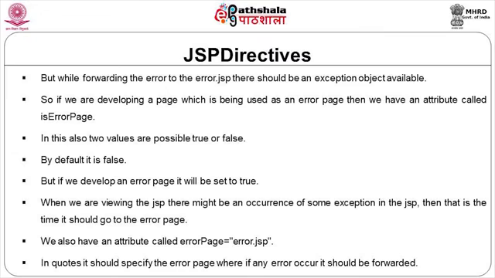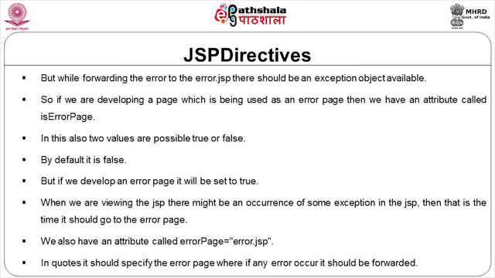Another thing, when we are writing a JSP page, there might be some exceptions occurring within that JSP. If any exception occurs during the processing of the JSP page, that's the time when it should go to the error page. It should forward to some error page and start showing the error page.